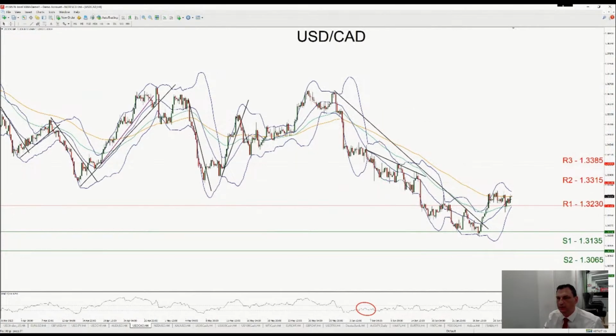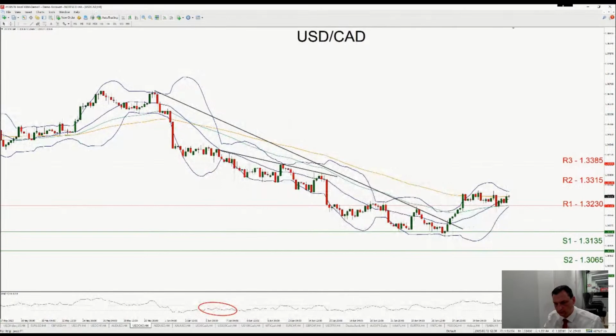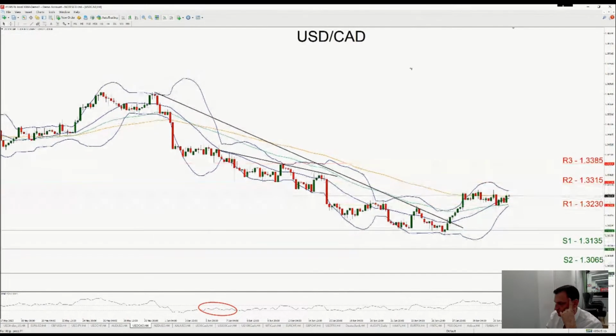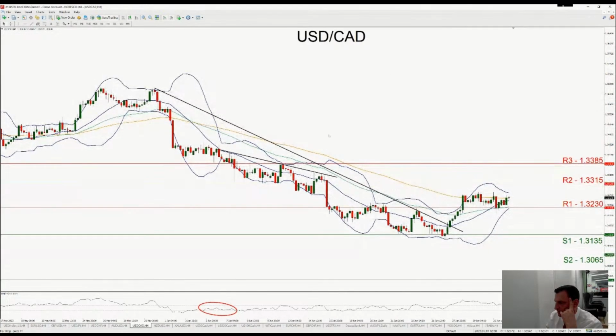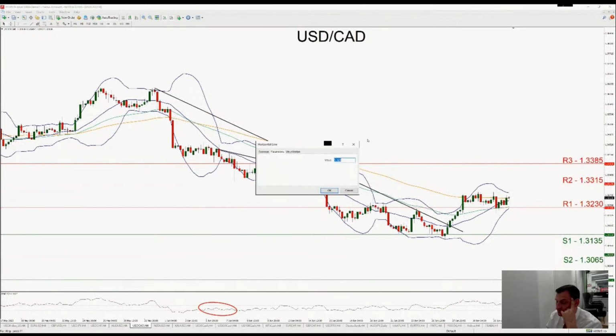Let's zoom in a little bit. I think we have a clear break of the 1.3230 resistance line now turned to support, so we switch that. It's interesting how the level even provides support at some point.